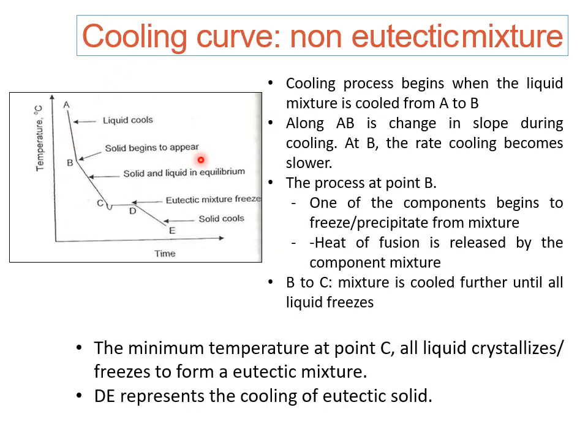So this is a cooling curve for a non-eutectic mixture. If you have a mixture cooled from A to B, basically the slope changes like this. Firstly, the liquid will be cooled until it reaches temperature B. Once it reaches temperature B, solids begin to appear.